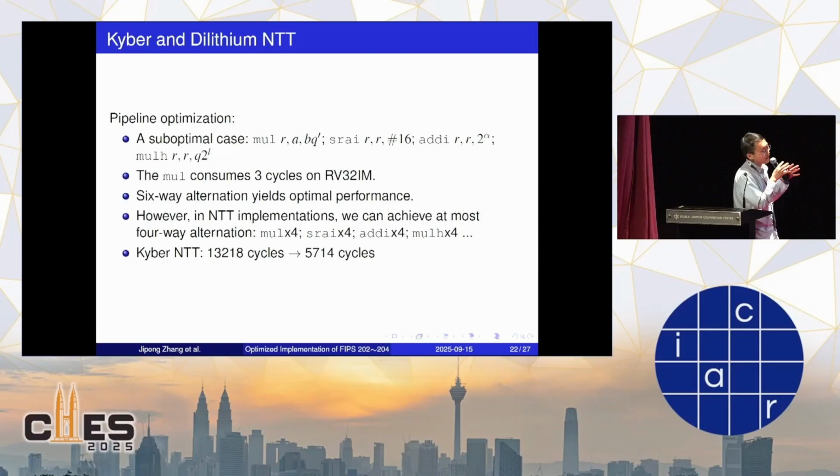So it's a RAW hazard. So we try to interleave several independent sequences together to improve the pipeline efficiency. We can achieve at most 4-way interleaving. And the cost of the Kyber NTT is reduced by more than half.